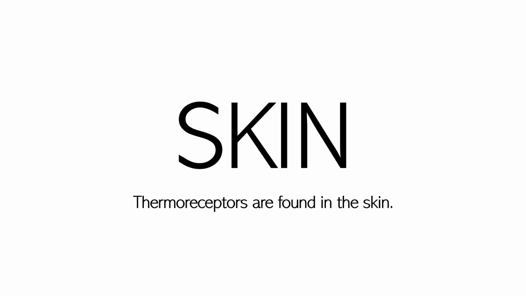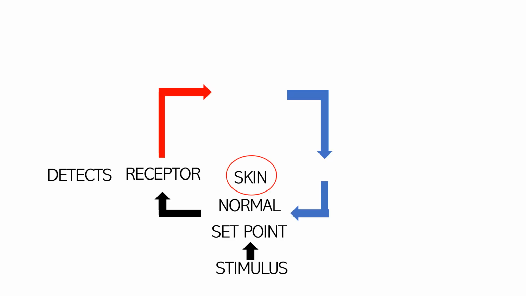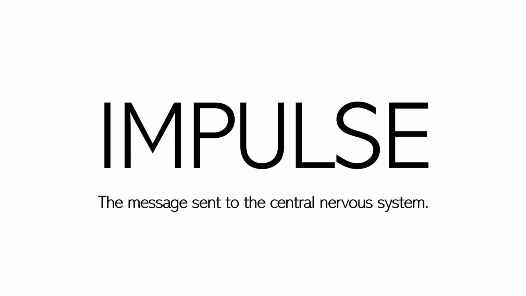The skin contains our thermoreceptors. Thermoreceptors in the skin are heat receptors and cold receptors. The receptors will send a message or impulse to the central nervous system. Impulse. It is the message sent to the nervous system.